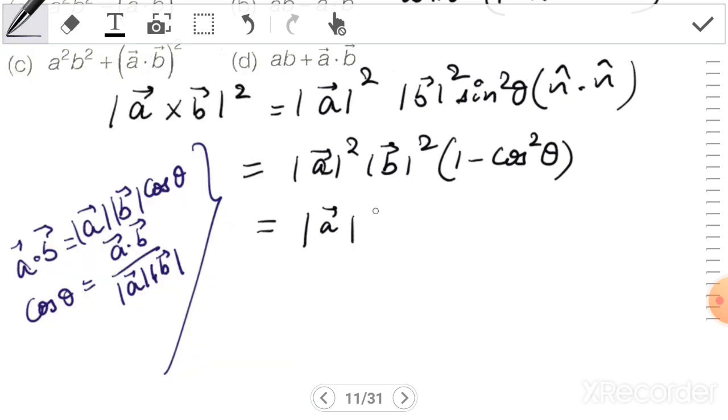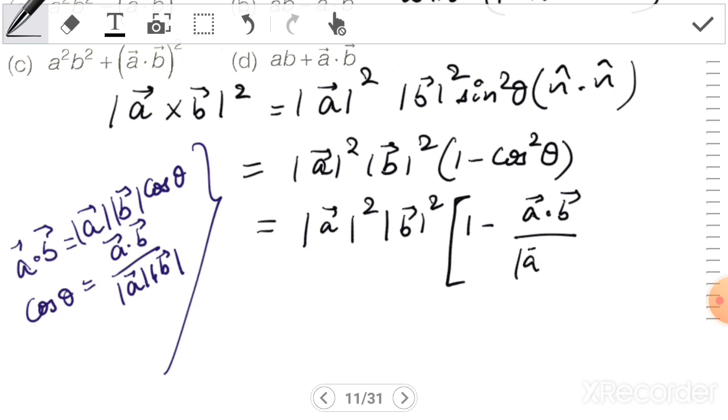So A square B square into 1 minus A dot B by modulus A modulus B, right, whole square.